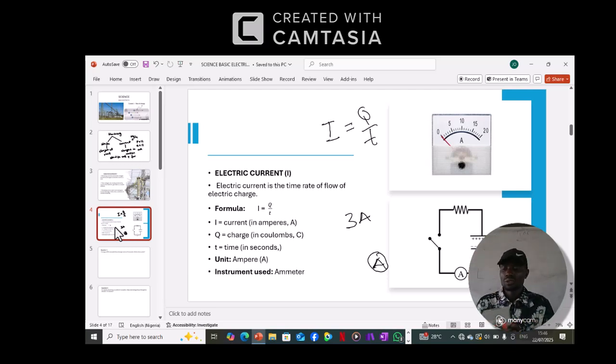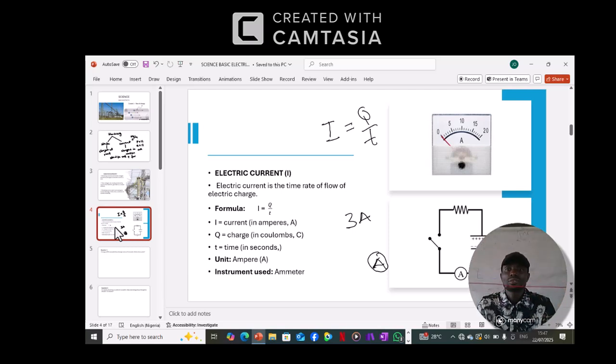So if you're asked to calculate the quantity of electricity that flows per time, you make use of this formula, I equals Q over T, and that's the formula we are going to make use of now. Don't forget, Q is the quantity of charges that flow. Look at this wire.